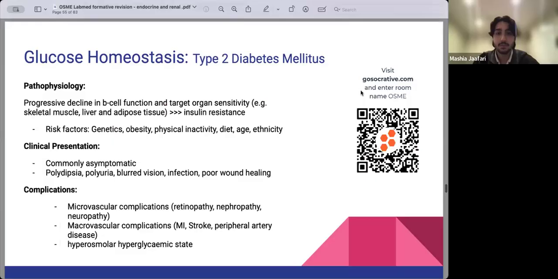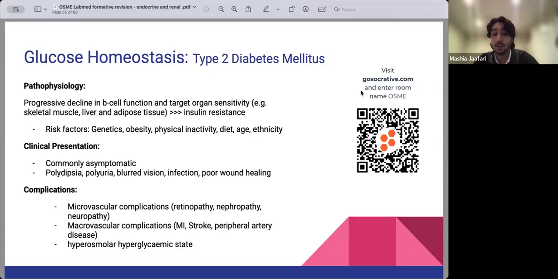Okay, so type 2 diabetes is a progressive decline in beta cell function, and you get less sensitivity to insulin. This is more because of lifestyle factors like obesity, physical inactivity. Again, you can get similar symptoms, polydipsia, polyuria, and typically because it's associated with these poor lifestyle factors, you can get these specific complications.